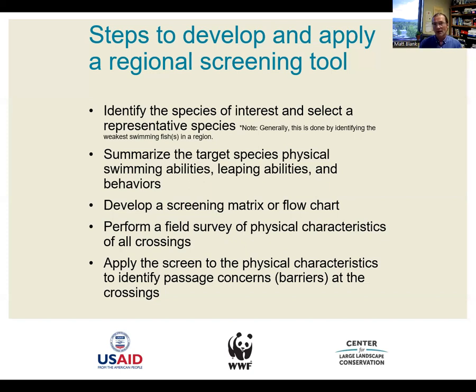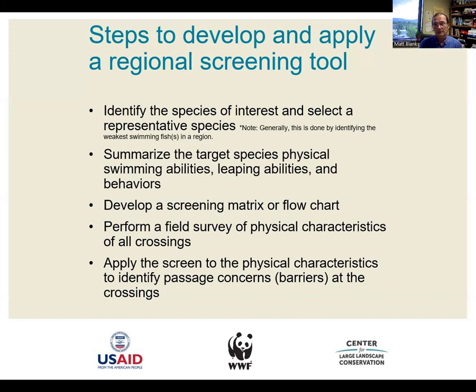It also is a way to identify crossings that are performing well. So not all crossings are problems. There's many road stream crossings, many rail crossings that function very well. And so this is an objective means of looking at them all, the goods, the bads, and the others.